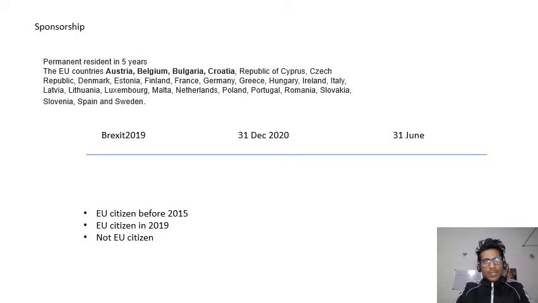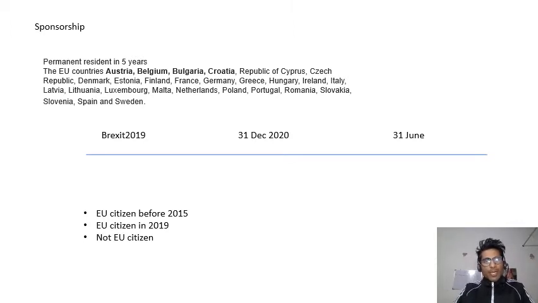There is a list of countries you can read on the screen which are part of the European Union. After Brexit, if someone comes to the UK, he needs sponsorship, and he needs to stay in the UK for 5 years to get the permanent residence.